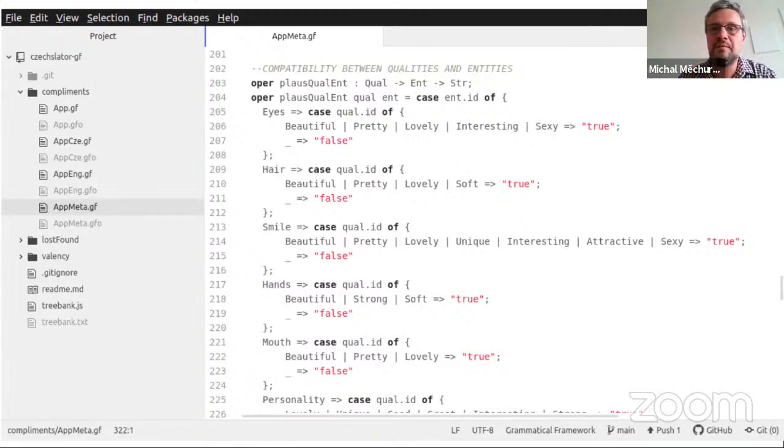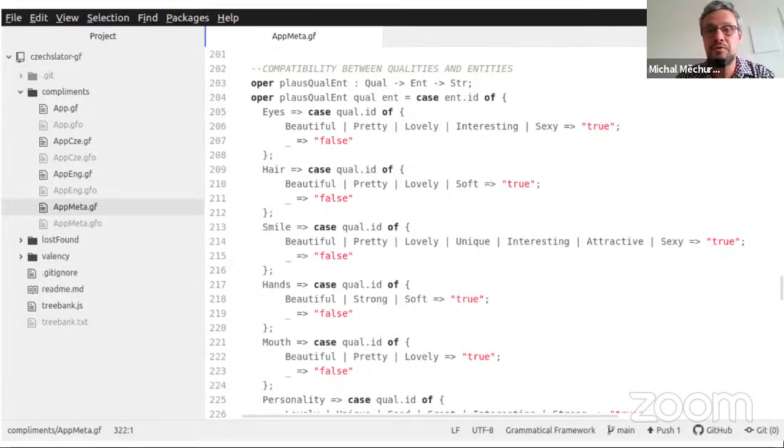So this, for example, is a function which tells me whether one particular combination of quality and entity is semantically plausible. So this is what tells me that it is semantically plausible to say that eyes are beautiful or pretty or lovely or interesting or sexy, but nothing else, right?